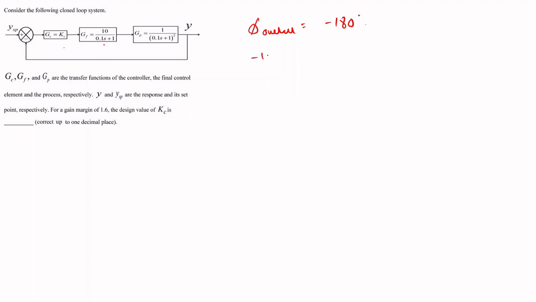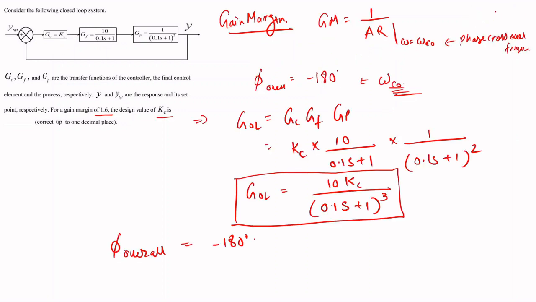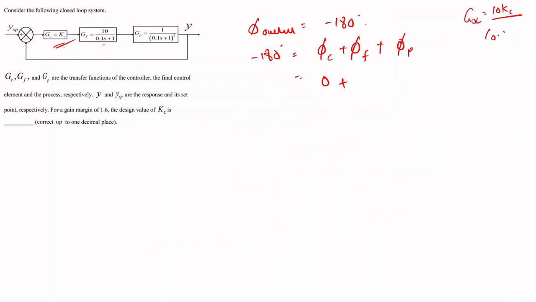That is, you can also write this as minus 180 degrees equal to phi of the controller plus phi of F plus phi of the process. Since the controller gain is a constant, the phase lag will be 0, and we already wrote the open loop transfer function for this entire system as 10 times Kc upon (0.1 S plus 1) whole cube.